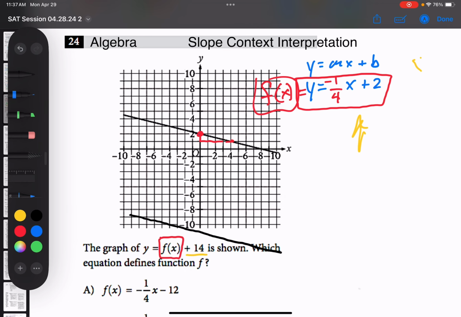Let me draw this black line a little bit longer. I'm going to put an extra hash right there. So it was at negative 12. Got it? That's where the line was originally, but it went up 14 points.